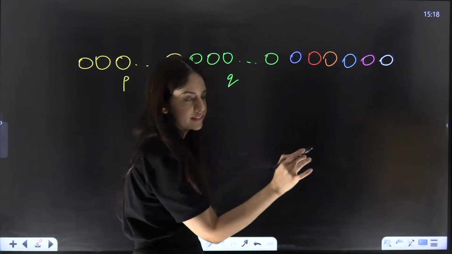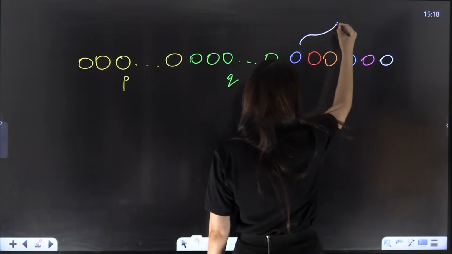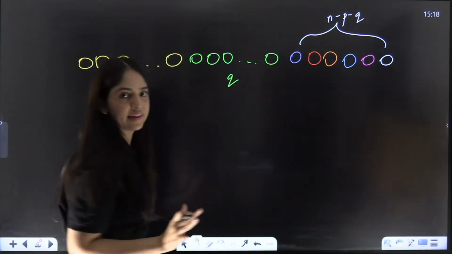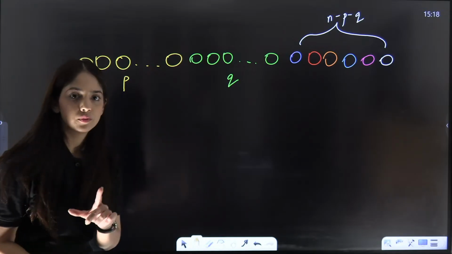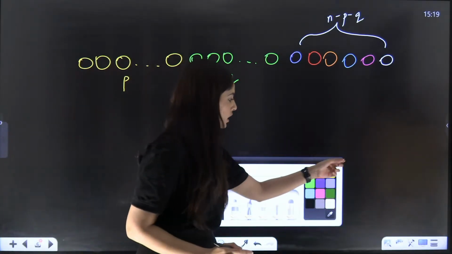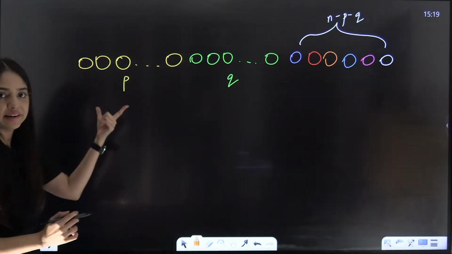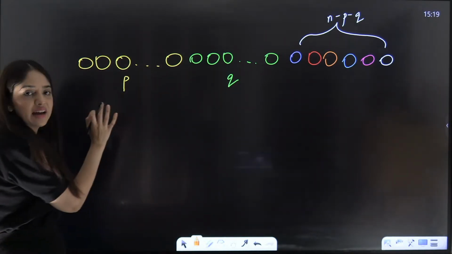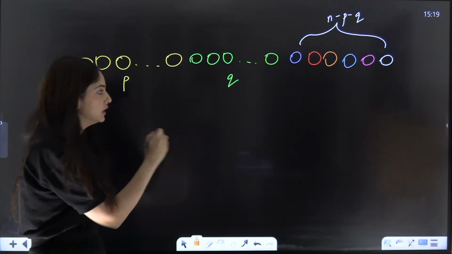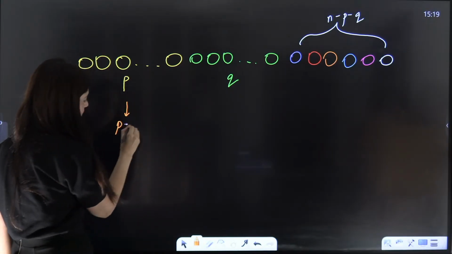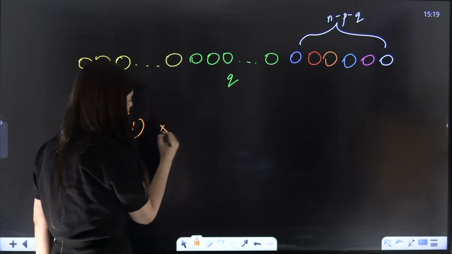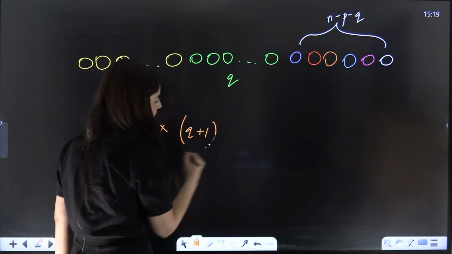These are n minus p minus q, because in total we have n objects. Now we have p identical objects. So out of these we have how many options of choosing? 0, 1, 2, 3, 4 up to p. So p plus 1. From here, just like this, we have q plus 1.